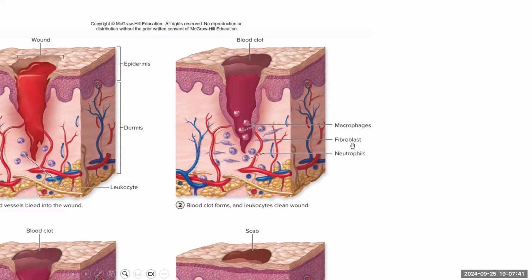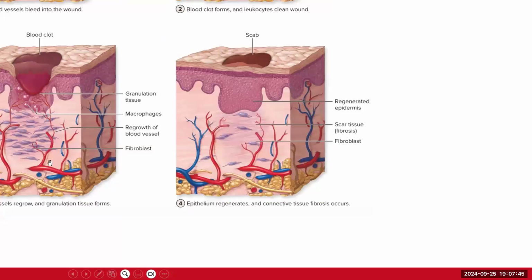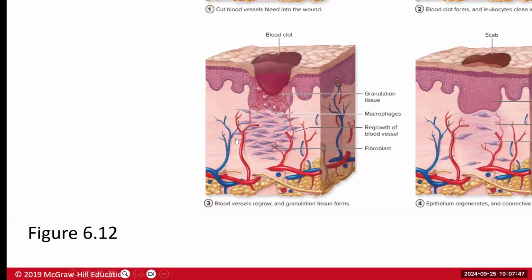Fibroblasts. Fibroblasts make collagen. So here in our third phase, we're repairing and fixing blood vessels and growing new ones. So again, we can supply these cells with the nutrients and the ingredients they need to fix the damaged tissue. And then our fibroblasts are in here laying down collagen that's going to create that granulation, that early scar tissue formation.